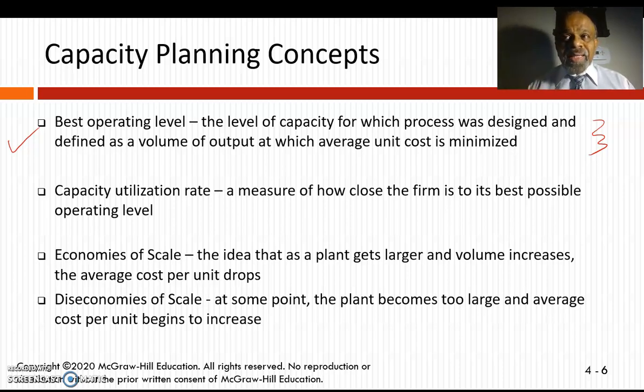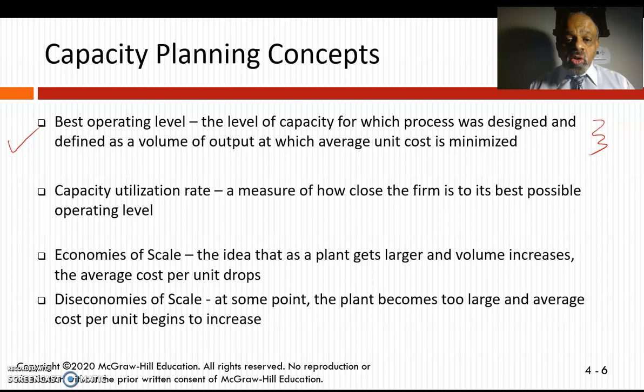They have designed the processes to meet the demand, and they have defined the volume of output such that the output meets the demand and the average cost is minimal as well. What I mean by this is that the volume of output should meet the demand and the unit cost of the product should be minimized. That is the best operating level.